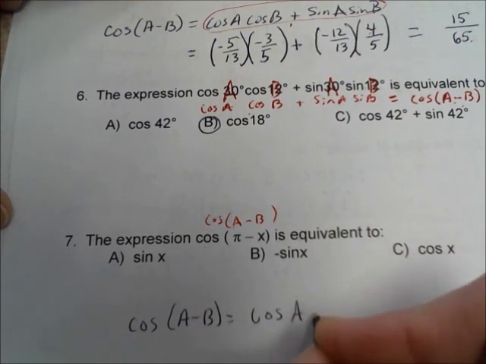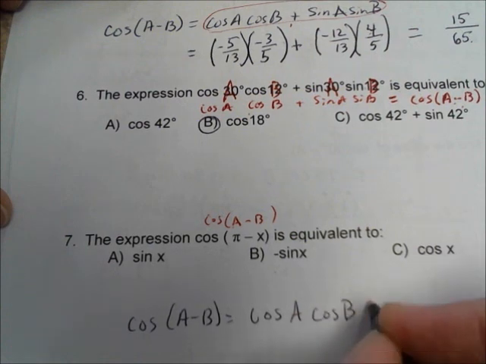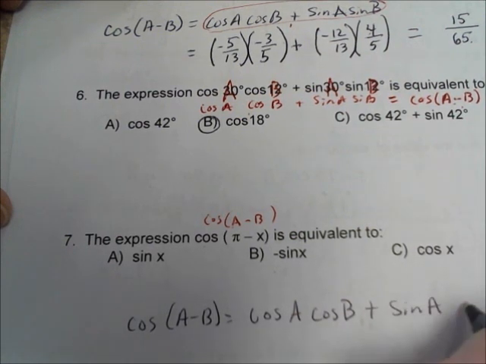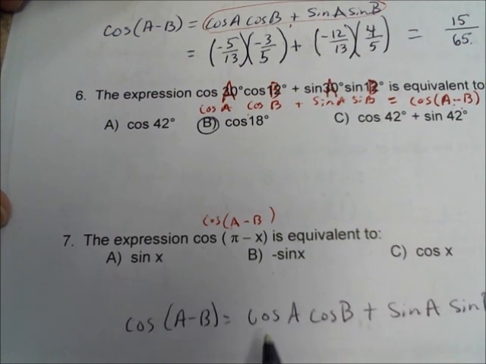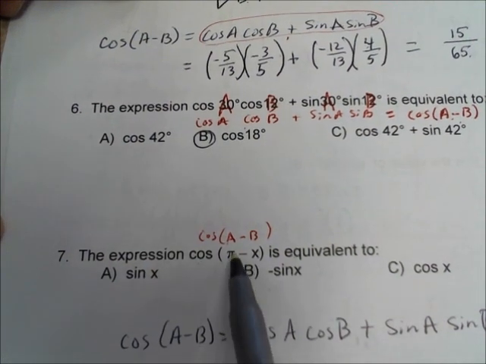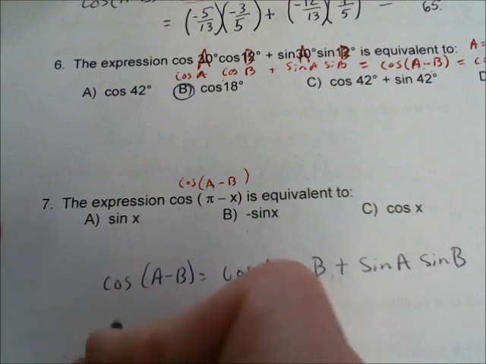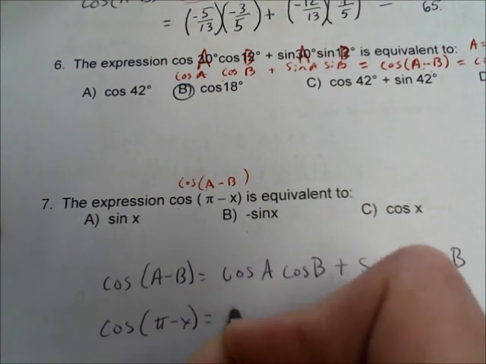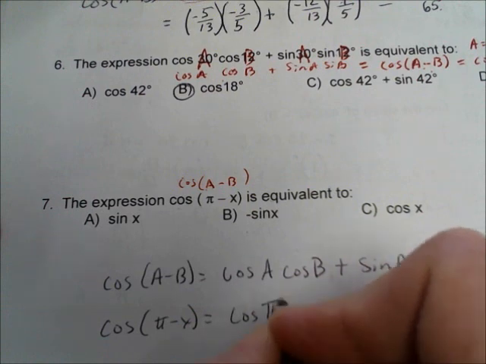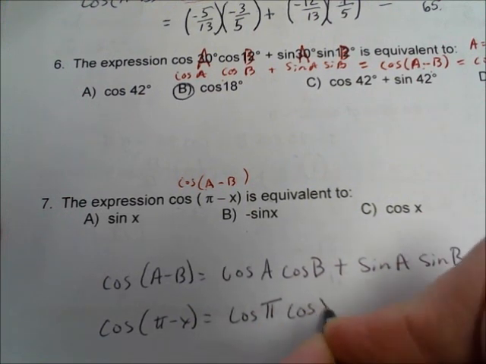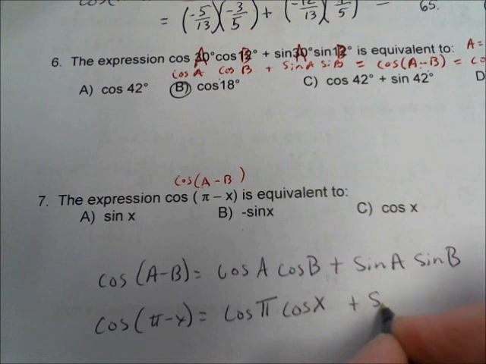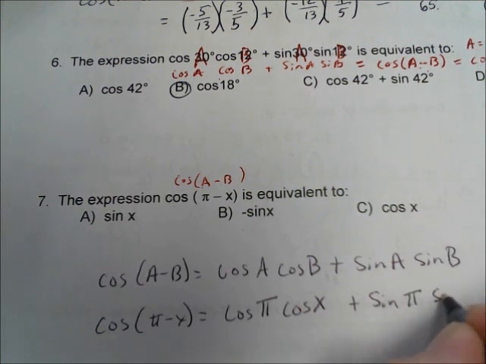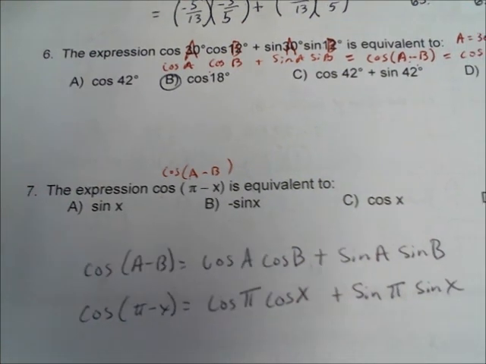That's the cosine of A times the cosine of B plus the sine of A times the sine of B. But we're going to let A be equal to pi and B be equal to x, so we'll just substitute that. So the cosine of pi minus x is equal to the cosine of pi times the cosine of x plus the sine of pi times the sine of x.